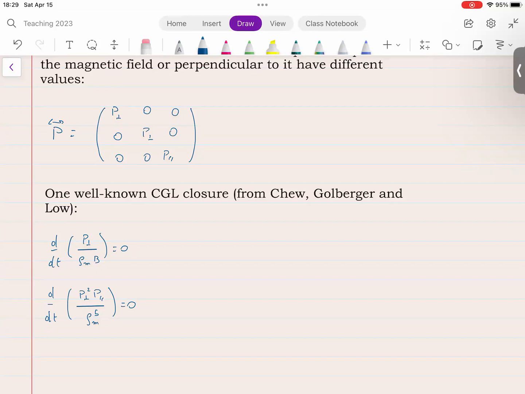In fact, as our textbook reminds us, these come from conservation of the first two adiabatic invariants.